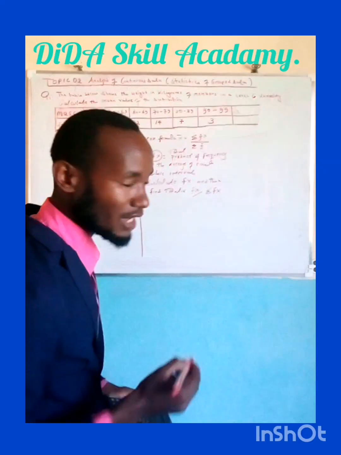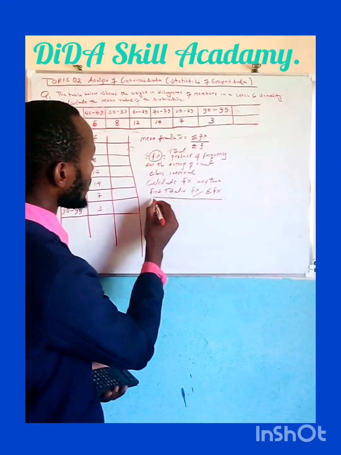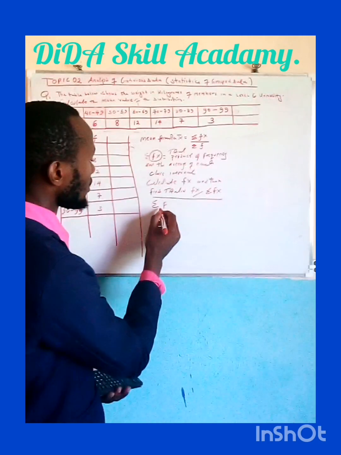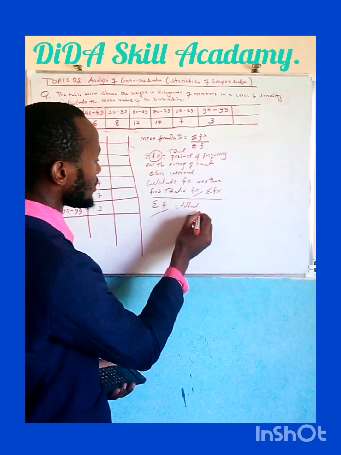Don't worry guys, it's not complicated. We're going to analyze it together. Then the summation of f, or frequency, is simply the total frequency.